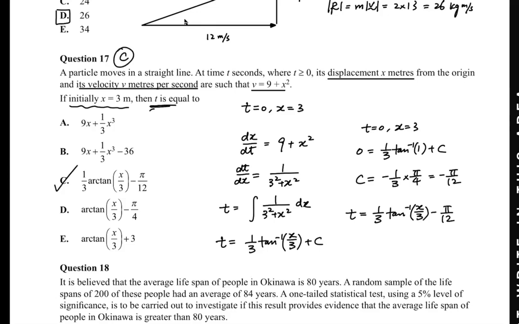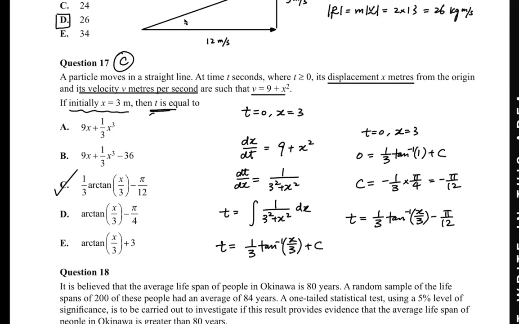Of course, you could also use dSolve. In dSolve, you're going to put x dash equals 9 plus x squared, and x0 is 3, comma t, comma x. And it should give you a similar expression to that one as well.